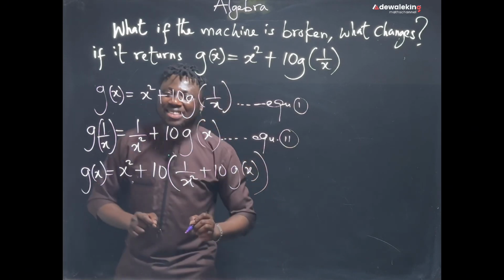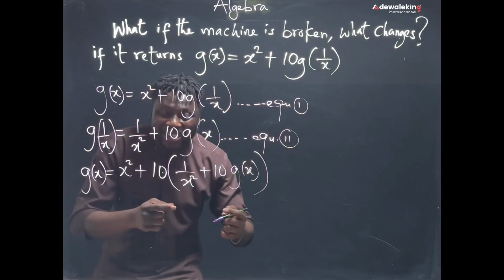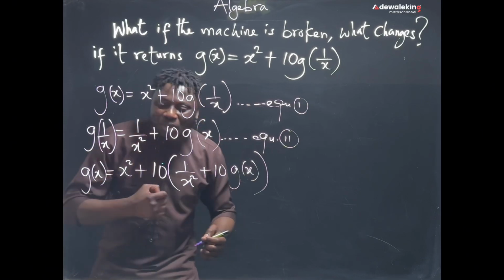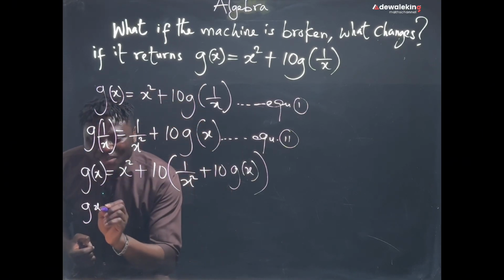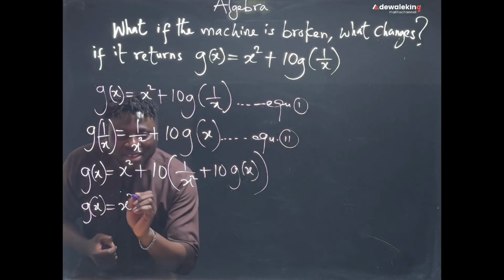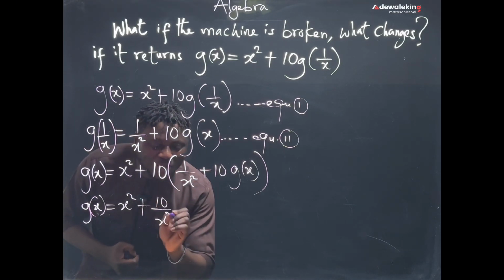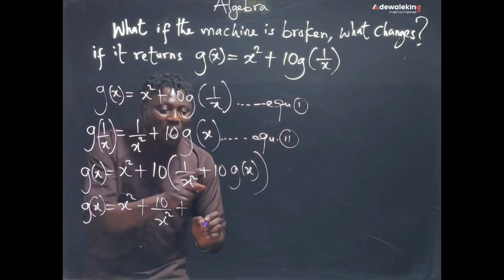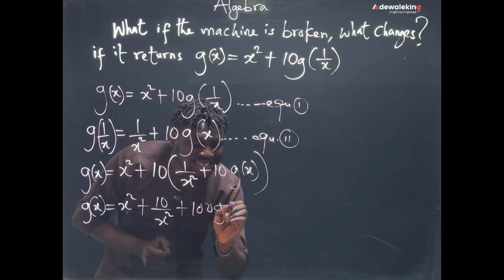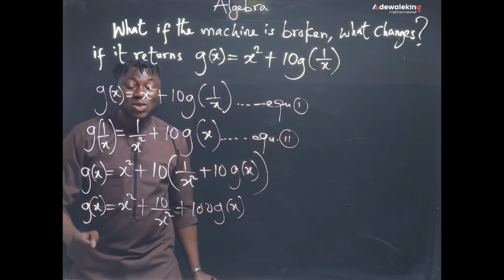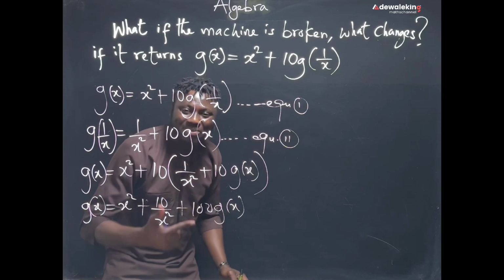Then we close the bracket. From here, we can simplify this further as g of x equals x squared plus 10 all over x squared plus 100g of x. So we have opened the bracket by simplification.